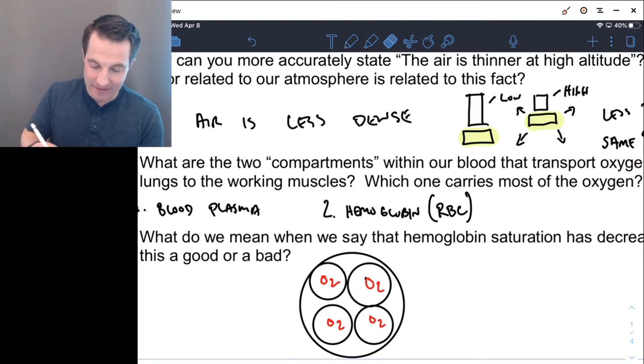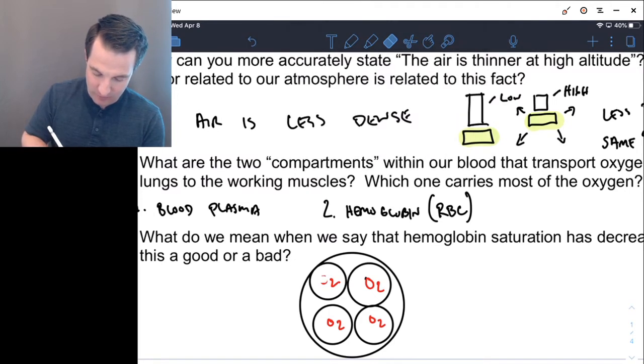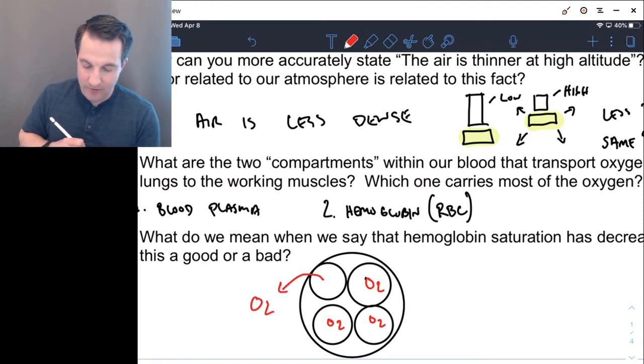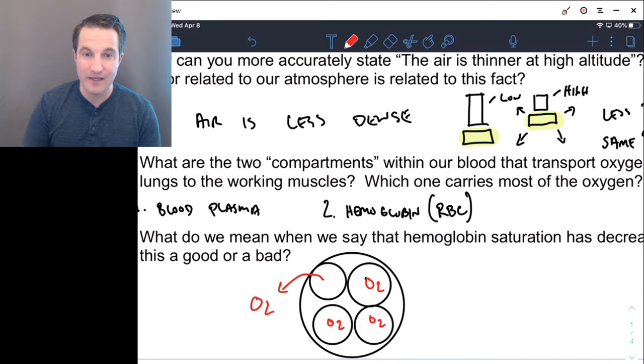Now, when we say that it is not saturated, that means we're losing oxygen. Now that oxygen molecule has moved off of there. There's a lower saturation. So as before, this red blood cell was 100% saturated. Now it is 75% saturated. Okay, that's what we mean when we say the hemoglobin saturation has decreased.